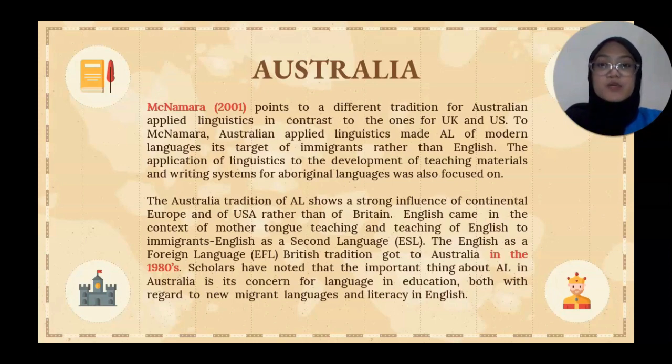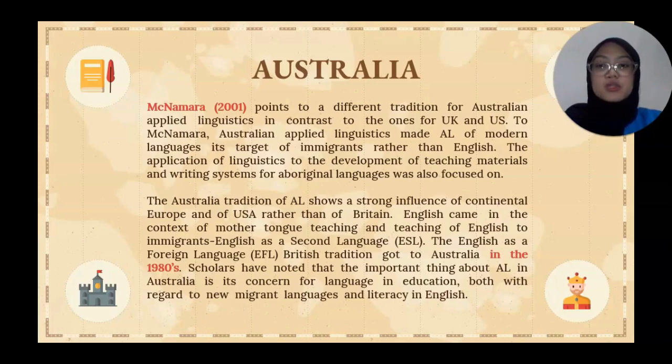The application of linguistics to the development of teaching material and writing systems of Aboriginal languages was also focused on. The Australian tradition of applied linguistics shows a strong influence of continental Europe and of the USA rather than of Britain.